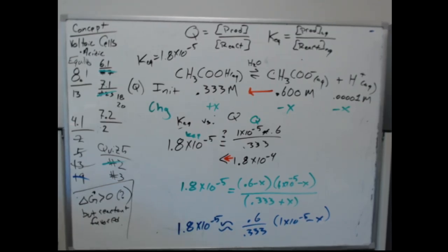But again, I've never done a problem like this. The number of years I've been doing this, I can't believe I've never done a problem where you can use the x is small approximation some of the time. It feels weird to me. Feels valid, but feels weird. Let me see what we get. 1.8 times 10 to the minus 5 times 0.333 divided by 0.6, negative plus 1.